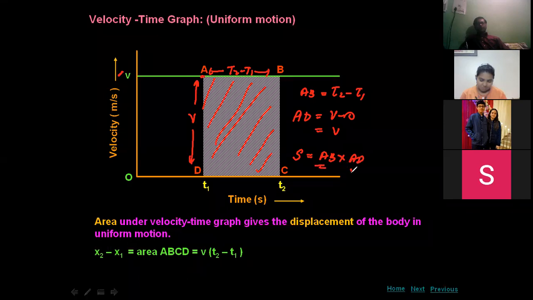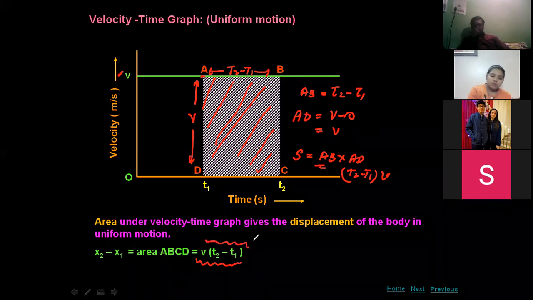The value of AB is T2 minus T1, and the value of AD is V. So this gives us the magnitude of the area: velocity into the change in time. Is it clear? Yes, sir. Okay, note it down.